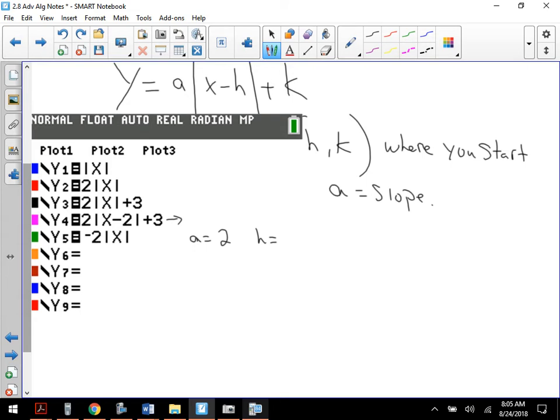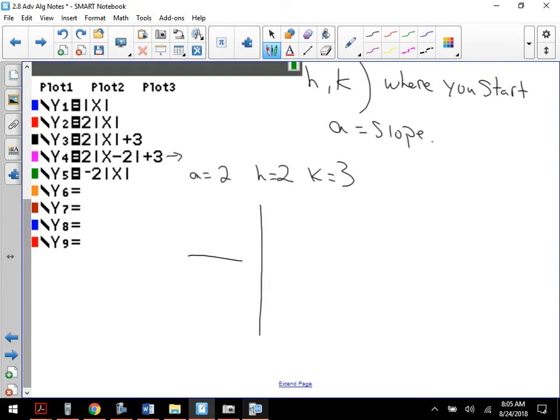Remember, it's just minus H. So it's kind of those things where you get used to the negative part there. So if it's minus 2, it means it's 2. If it's plus 2, it means it's negative. So H is 2, and the K value is always whatever that number is, whether it's plus or minus. In this case, K is 3. Which means if I had a graph, I would start this at 2, 3, and I would walk my slope of up 2 over 1, up 2 over 1, or up 2, left 1, up 2, left 1. And there's my graph.